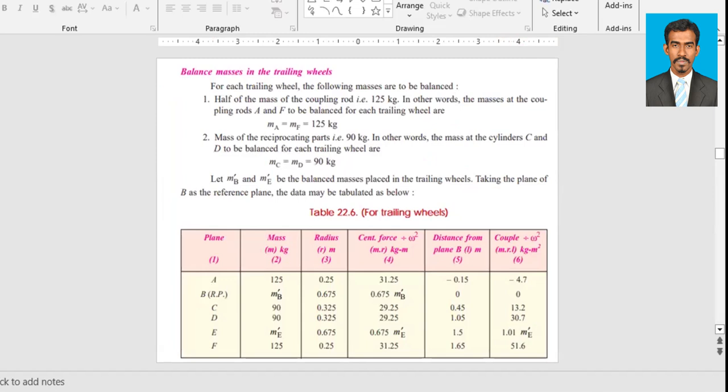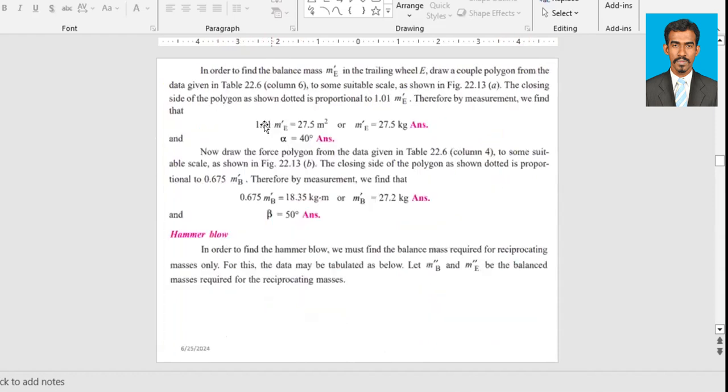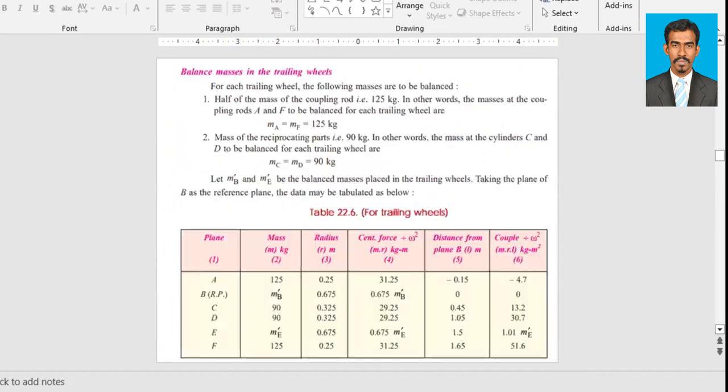So this length from A to E will give you 1.01 m dash e, which is equal to 27.5 units. By dividing 27.5 by 1.01, you will have 27.5 kilograms. So this m dash e is going to be 27.5 kilograms.